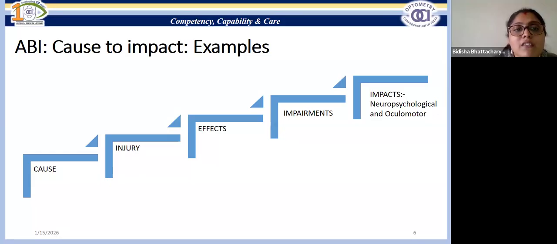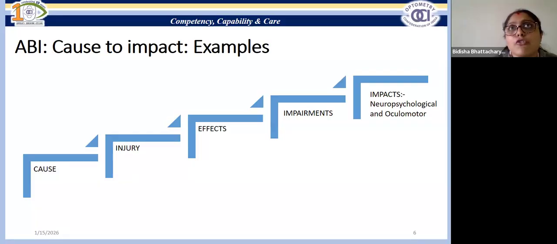So, the first part is to understand the cause, then which type of injury, next what the effects are. That means if they have a closed head injury, that can be either coup or contrecoup. So what are the issues? Is there any problem in their verbal communication, motor activities, eye opening?